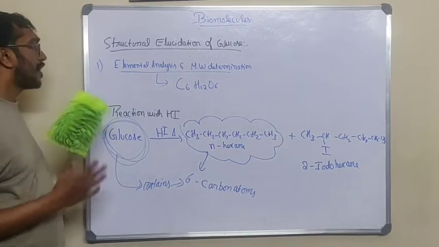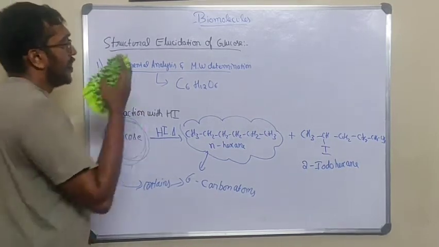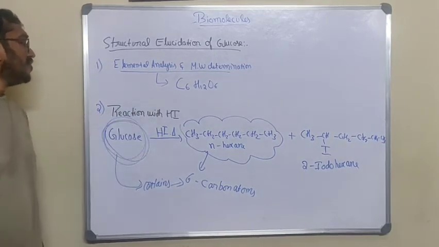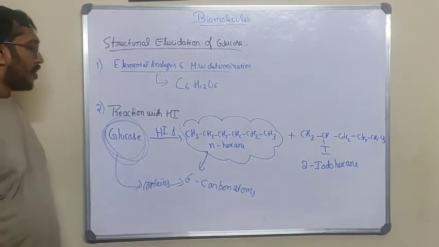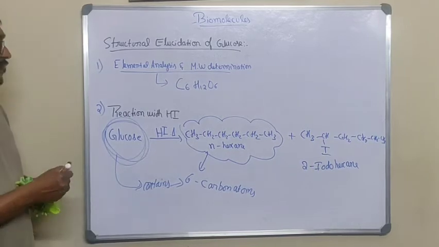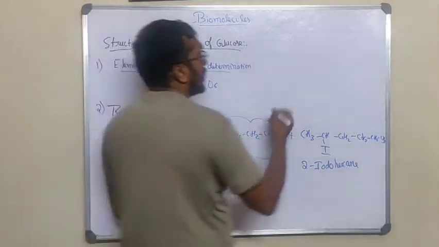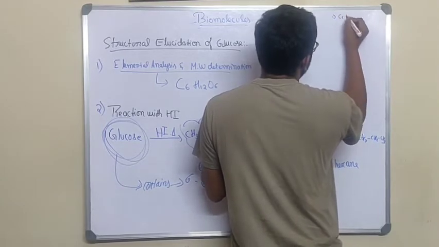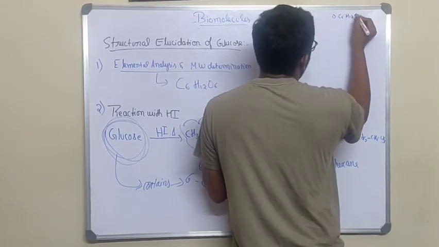From the elemental analysis and the molecular weight determination, it is C6H12O6, and also glucose contains 6 carbon atoms. Clear? So let me write here. The first one will be C6H12O6.